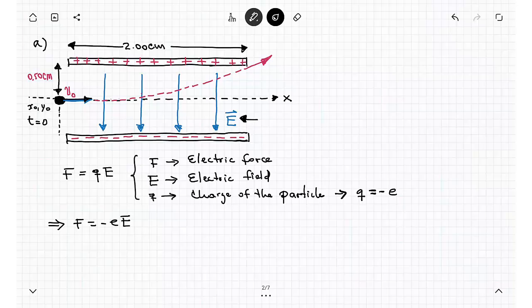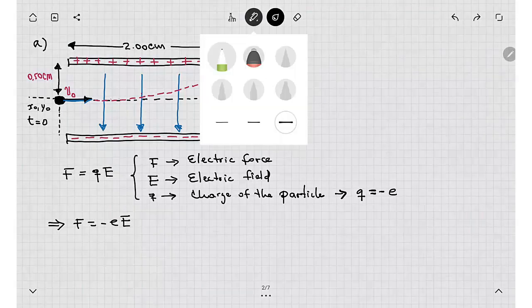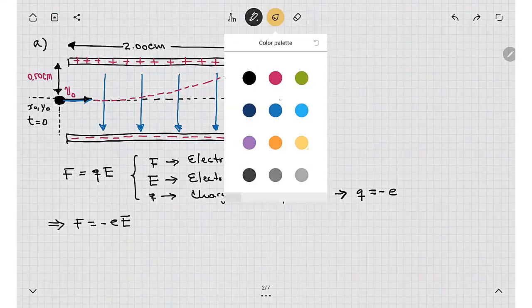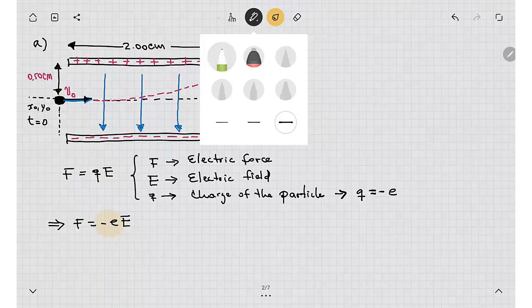Because Q is a negative quantity, as we can see right here, the electric force and the electric field will have opposite directions, okay?